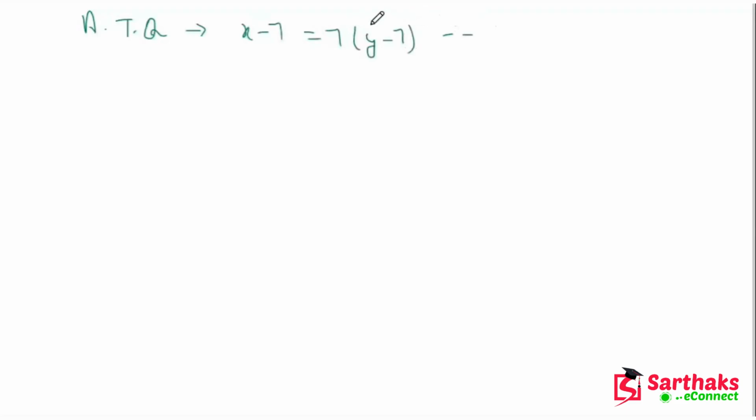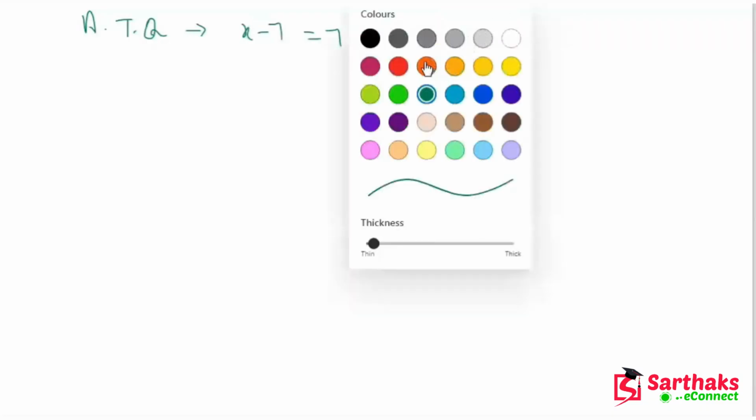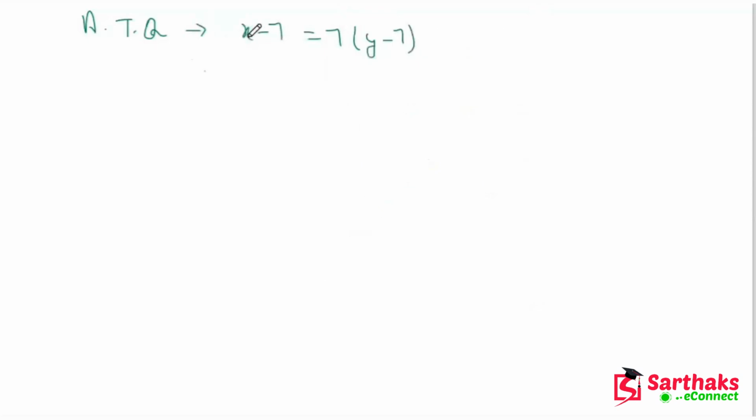This is according to the question. Now if you solve it, x minus 7 is equal to 7y minus 49.